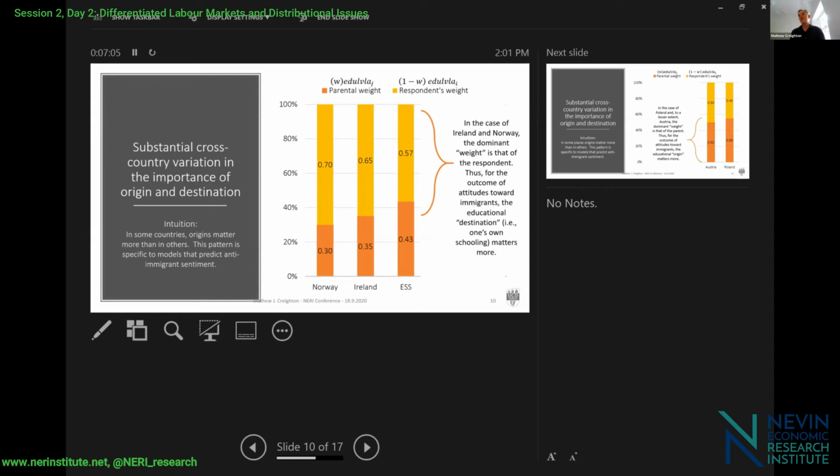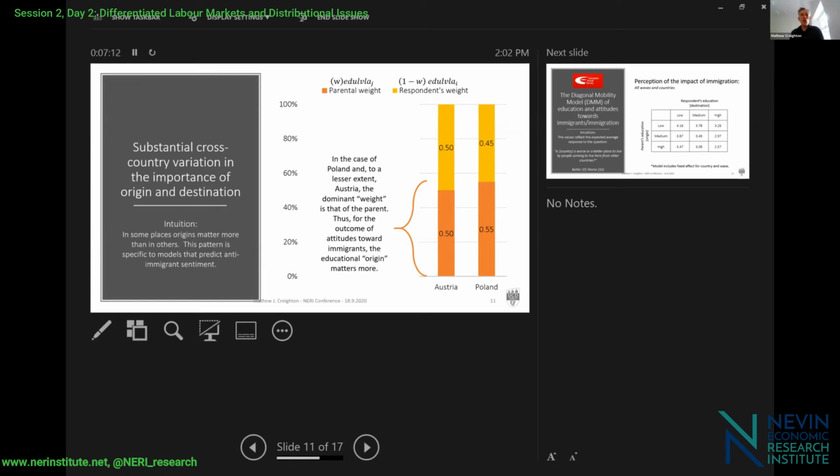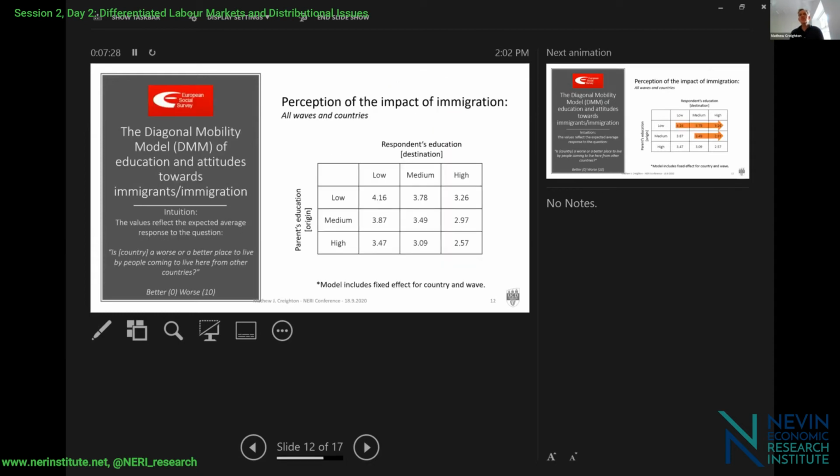So broadly speaking, across all contexts that we can study with the European Social Survey, you get that pattern. Other places, it's not so clear. In Poland and Austria, you get a more dominant role of parental education. And this has real meaning for understanding the implications of individual characteristics in shaping levels of tolerance, let's say. So this is across all waves.